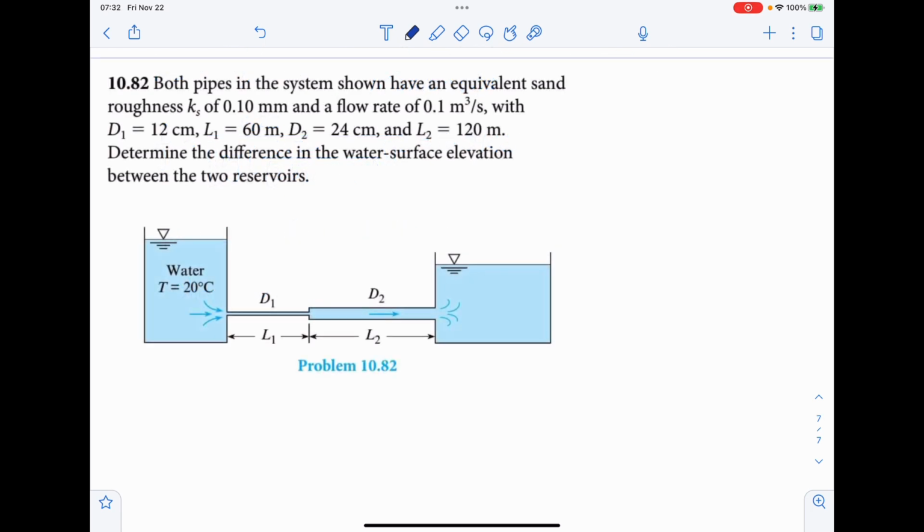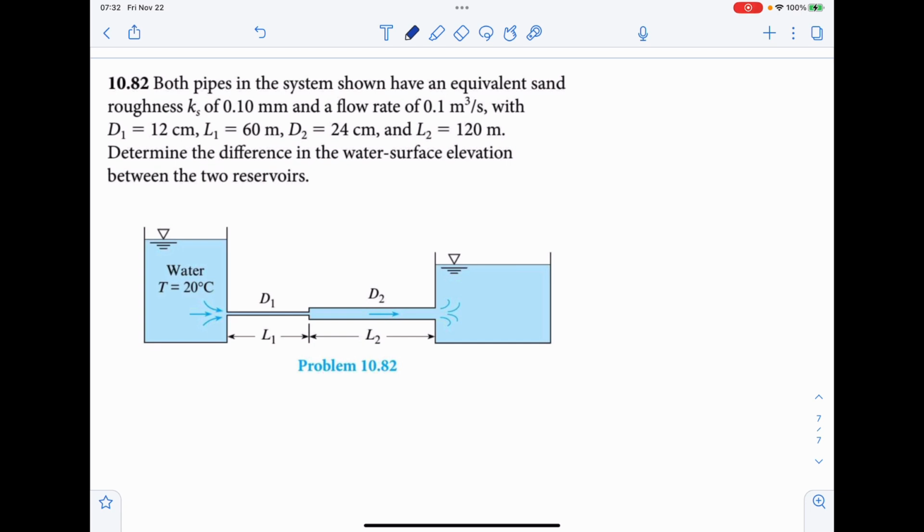Now let's look at problem 10.82. Both pipes in the system shown have an equivalent sand roughness Ks of 0.1 millimeter and a flow rate of 0.1 cubic meter per second, and the diameter D1 equals 12 centimeter, L1 equals 60 meters, D2 equals 24 centimeter, and L2 equals 120 meters.